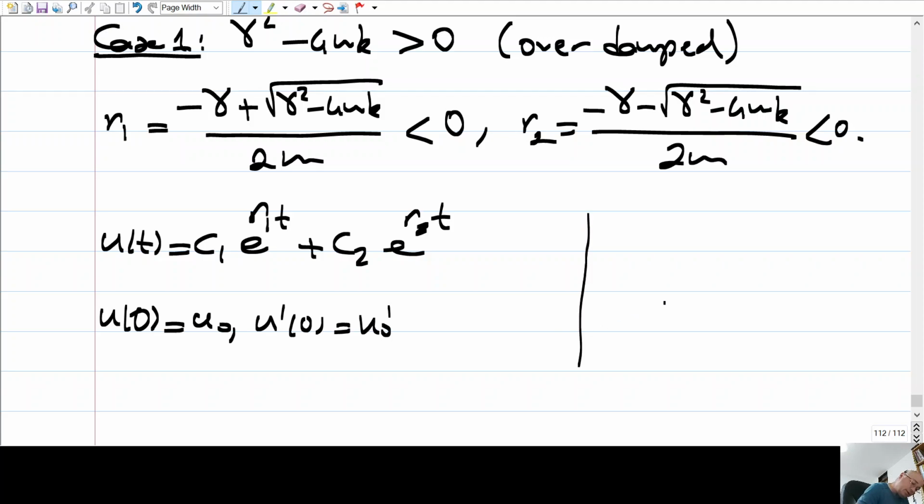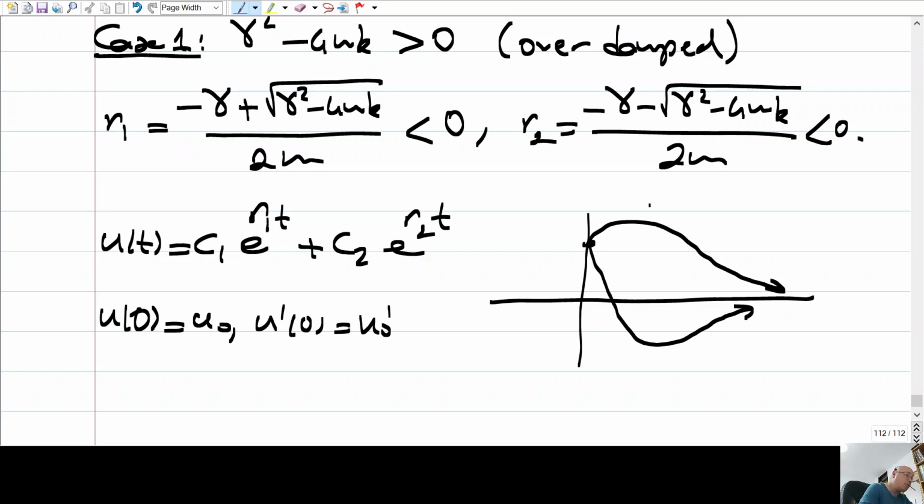Depending on these initial conditions, since both of them are negative, you will have a solution like this, or you may have a solution like this.